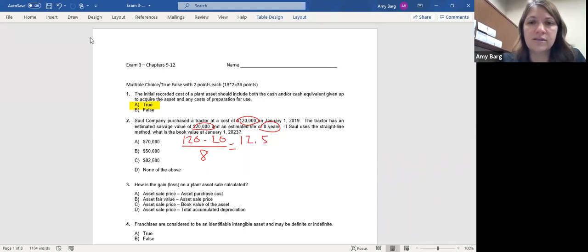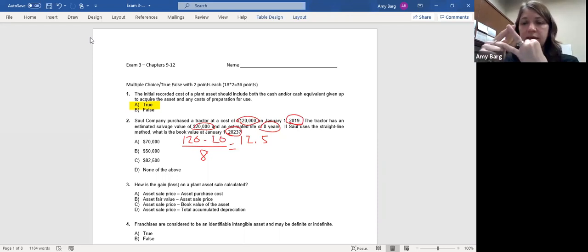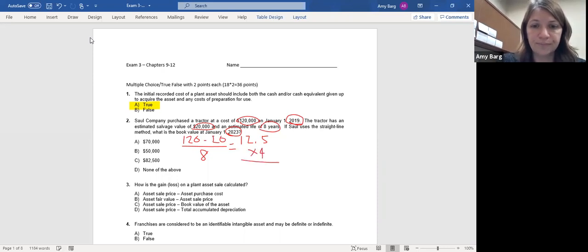Now, this starts at January 1st, 2019, and it's asking you about 2023. So you got all 2019, all 2020, 21, 22, but we're going to January 2023, so we're not including that one. So you got 4 years of depreciation that you have to account for. So this times 4 is 50.